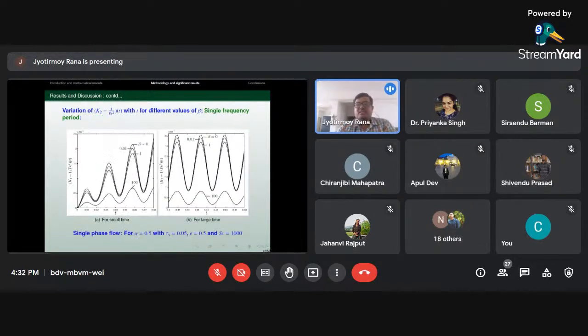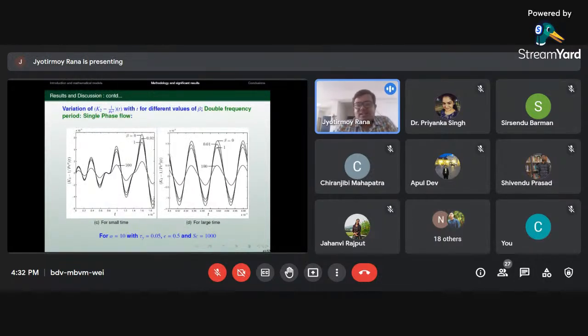This is for small arteries, where we get a single frequency period. But if you consider medium to large arteries, we get a double frequency period. Not only that, we can also see negative dispersion occur. Why are we getting that?